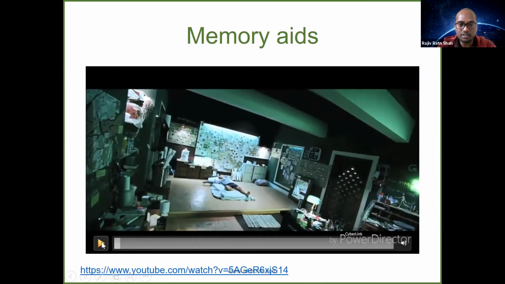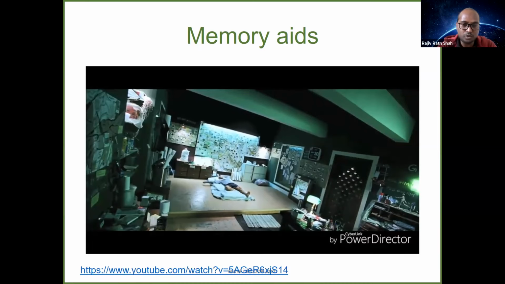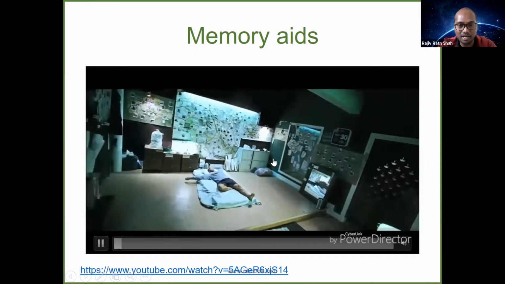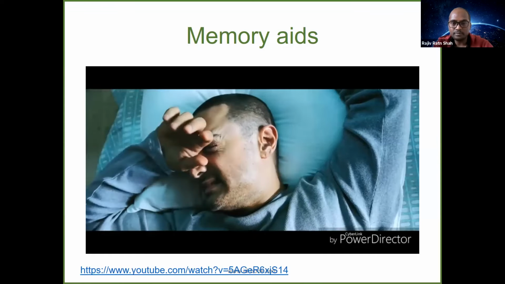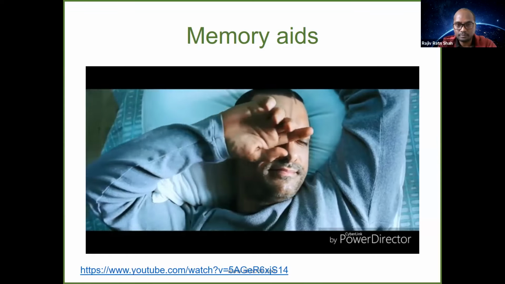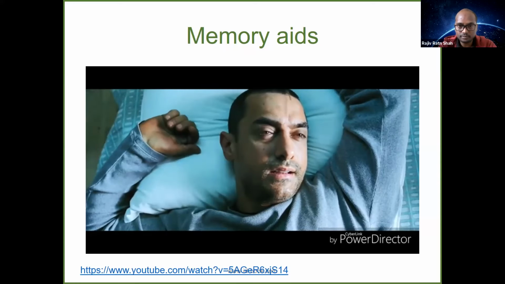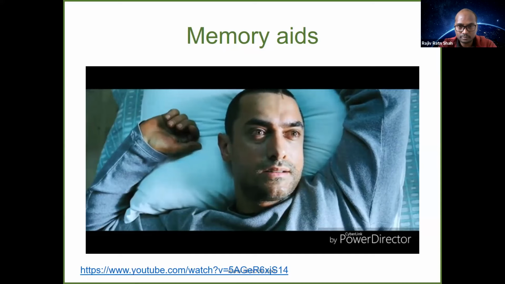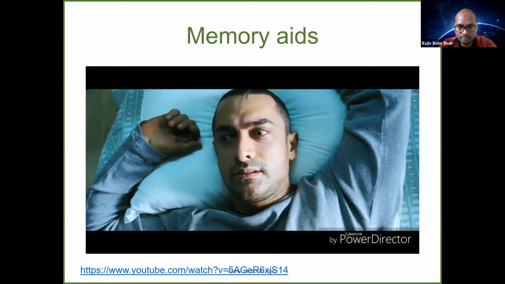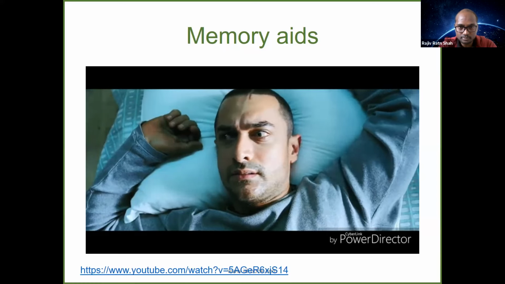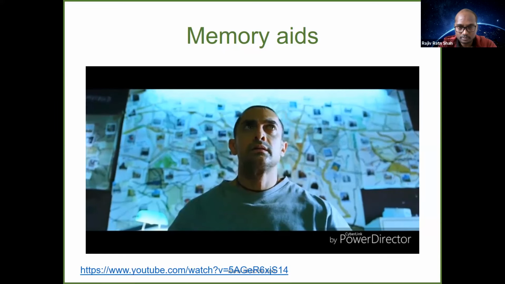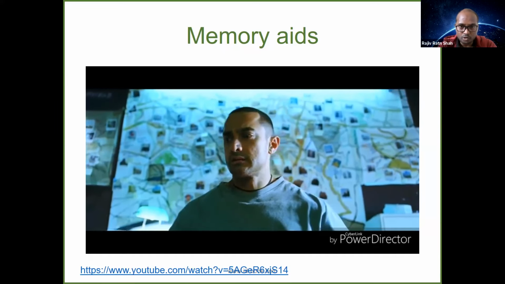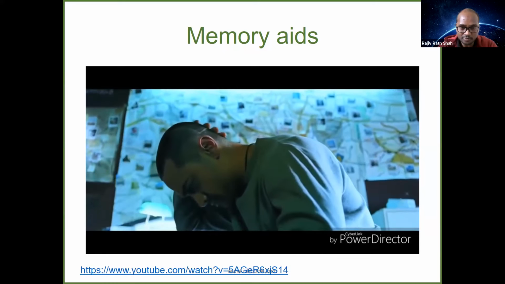So for example, let's see how we can provide memory aids to Gajni, not Gajni, I mean Aamir Khan. So how can you help a person with short-term memory loss?